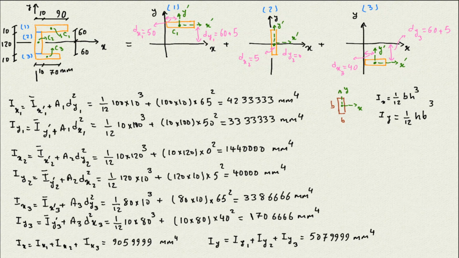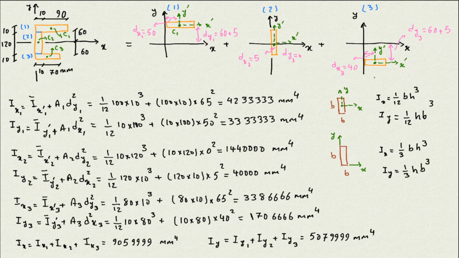cube. If we have the same cross section with b and h, and this time the axes going at their base, then Ix here again is 1/3 of bh cube, and Iy here is 1/3 of hb cube.